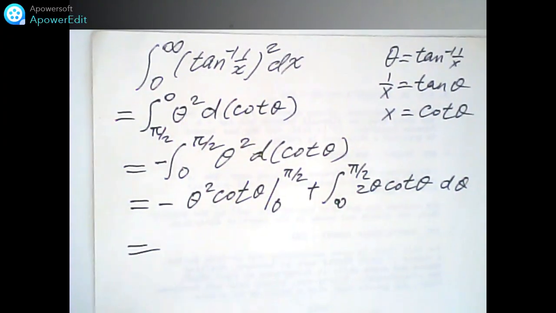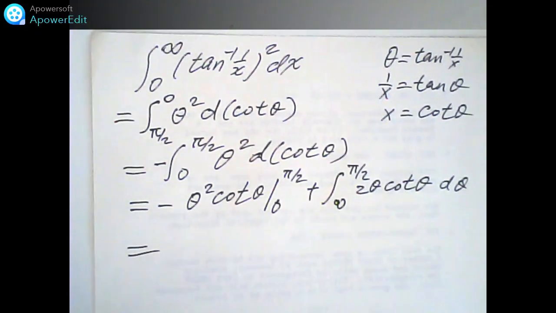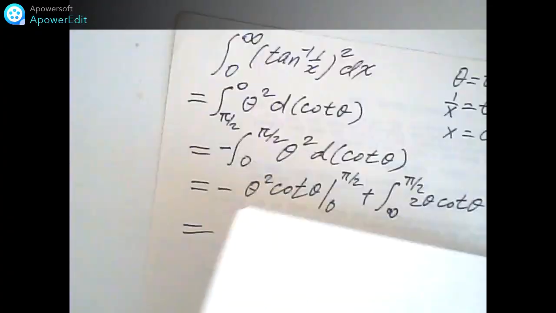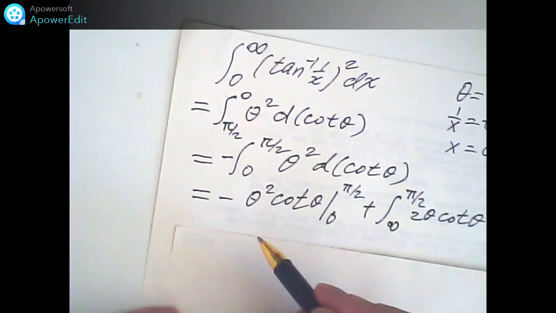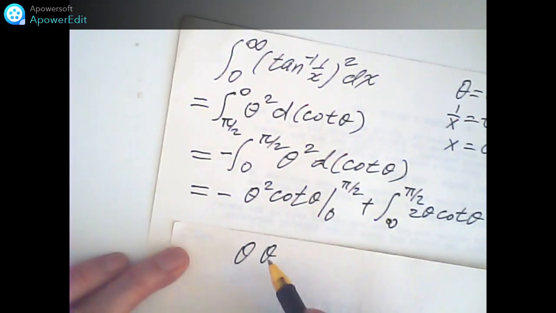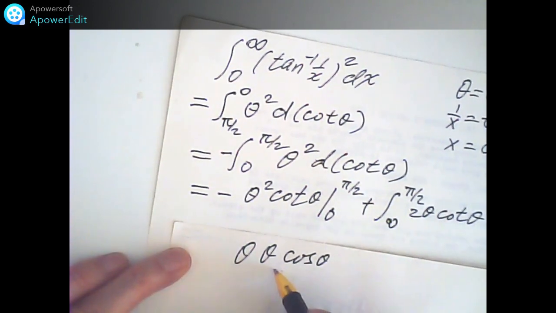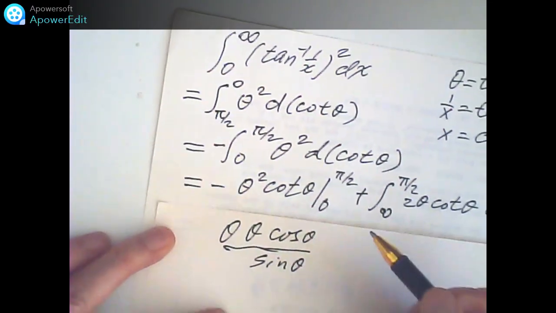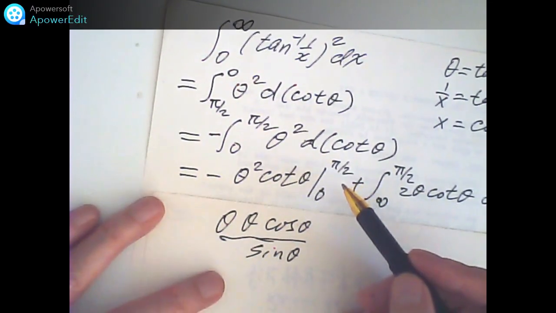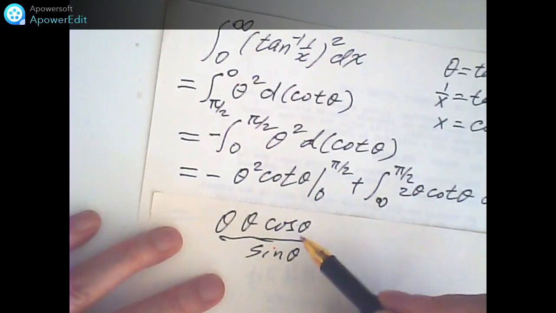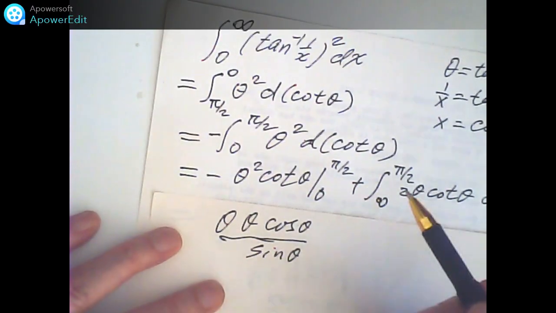Now this has a little problem. This is theta squared, this is cosine over sine. When theta is half pi, no problem. This is 0, this is 1, everything's 0.